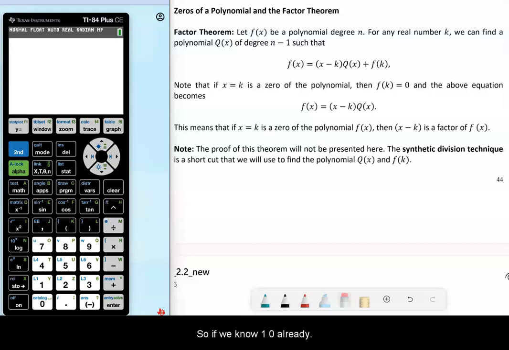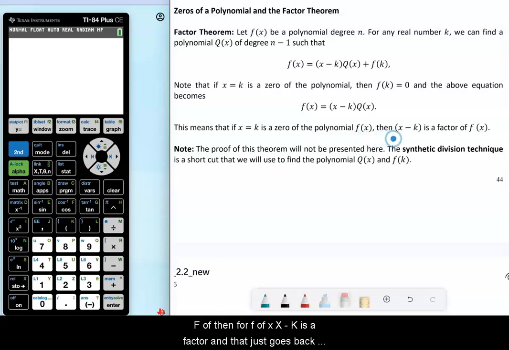So if we know one zero already, we can simplify our polynomial and find an easier way to get the factors for the rest of the polynomial. So what that works out to is if x equals k is a zero, then for f of x, x minus k is a factor.